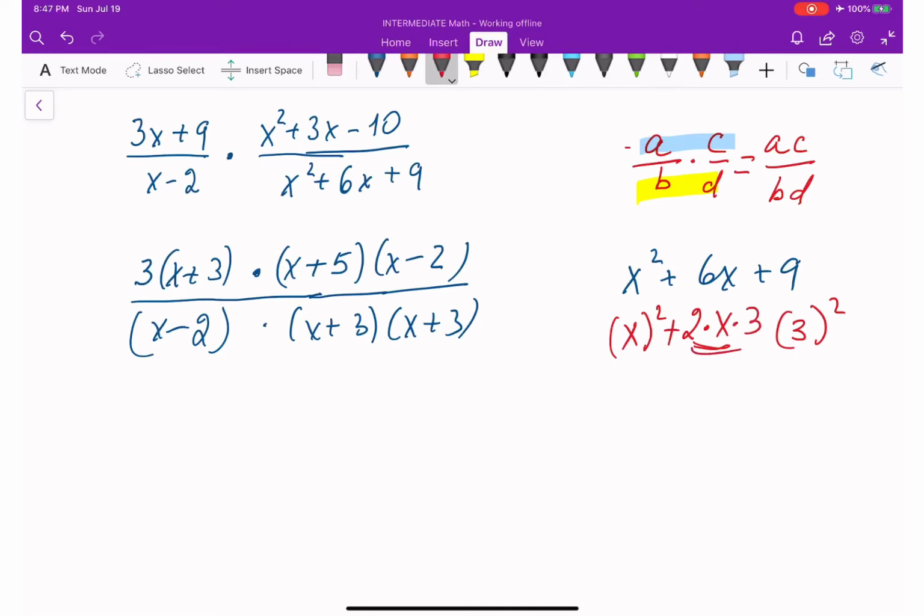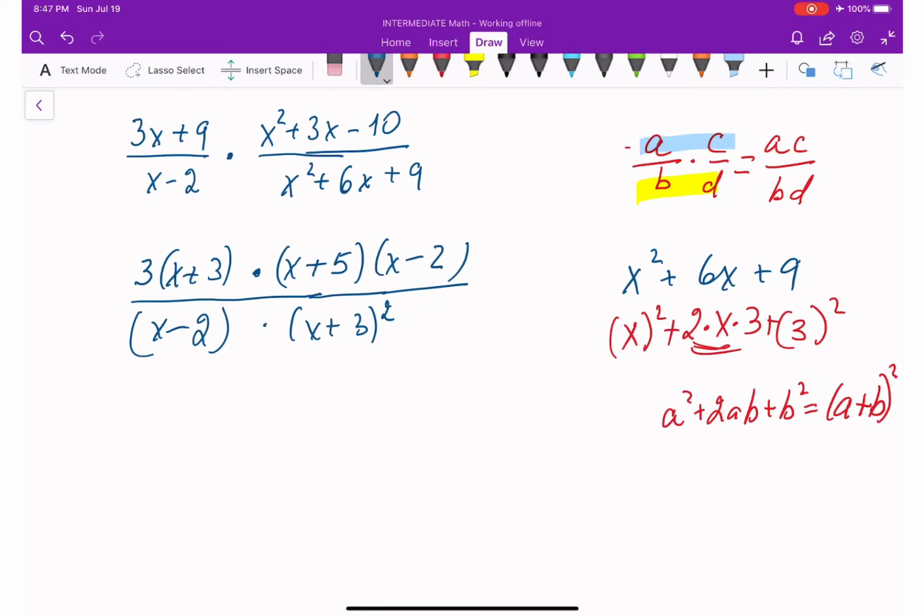There we go, we get 6x. So let me refresh your memory: a² + 2ab + b² is equal to (a + b)². Which means I could write here, instead of (x + 3)(x + 3), (x + 3) squared, right?